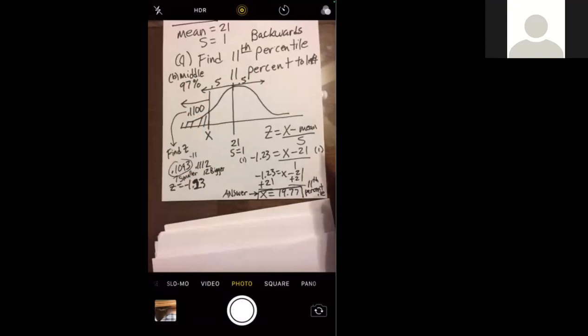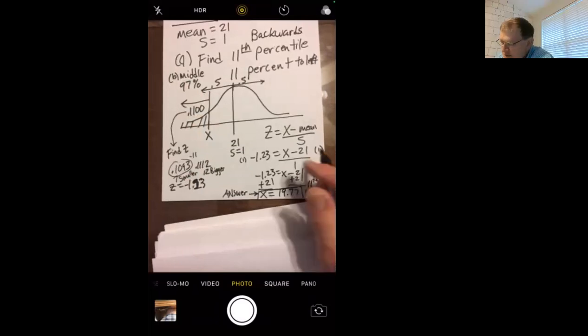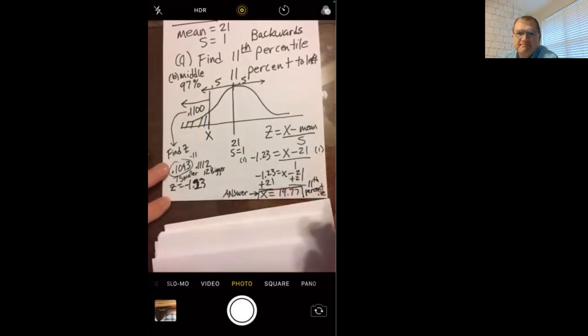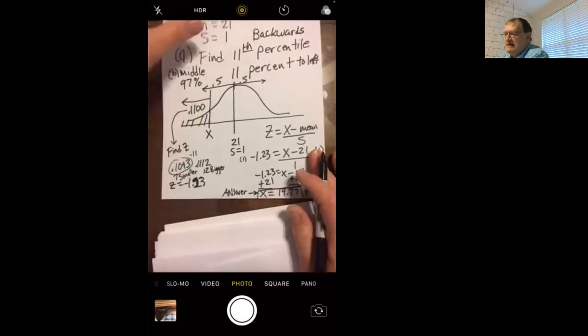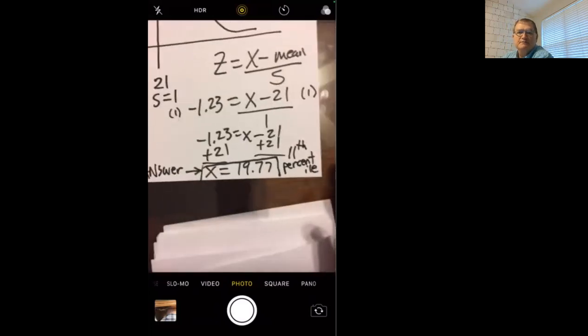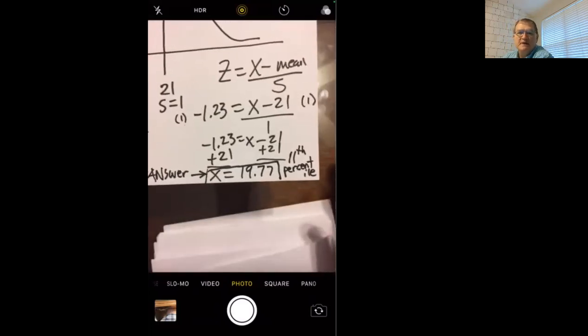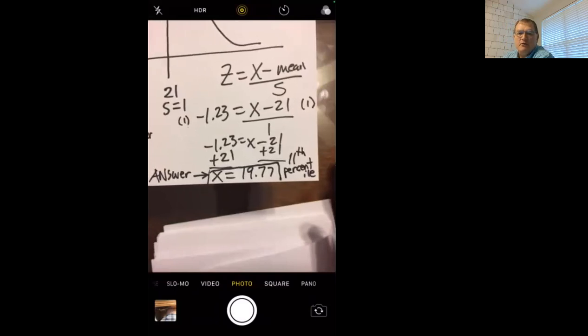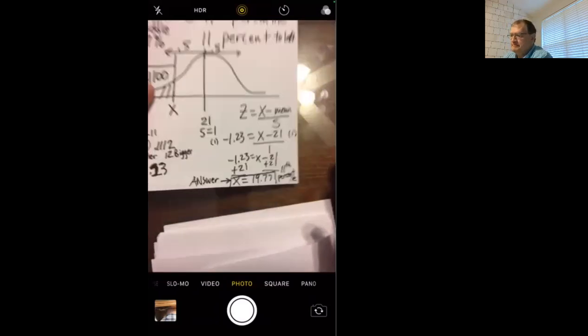It means it's supposed to be 20, right? Right, so rounded to the nearest whole number you'd be at 20 days, yes.